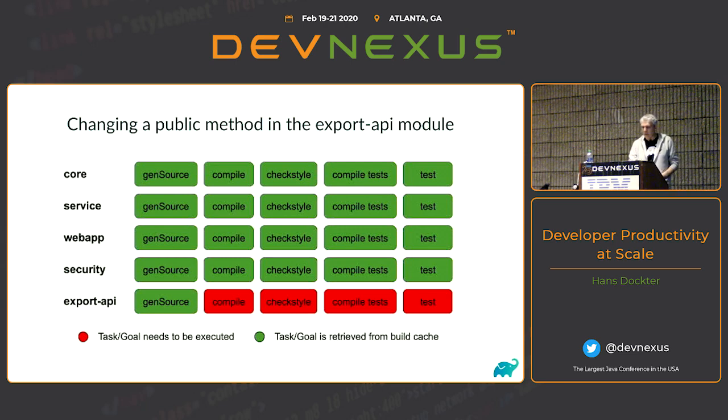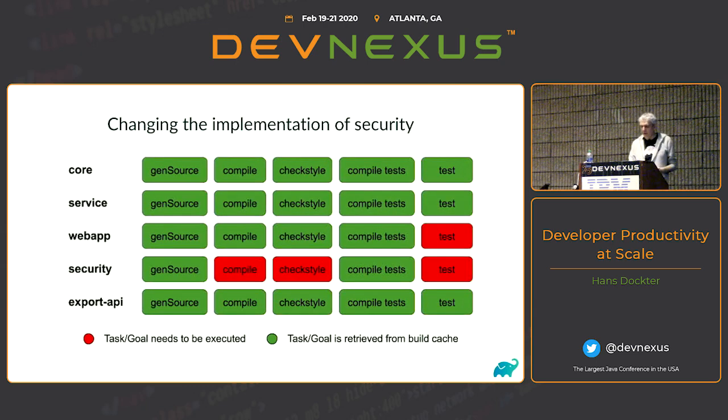And of course, if you have dependencies between the modules, which you usually have, that is also very efficient. Let's say web app depends on security, and you're running Maven clean package, and the only thing you're changing is the security module. Then you have to recompile the security module and rerun checkstyle.